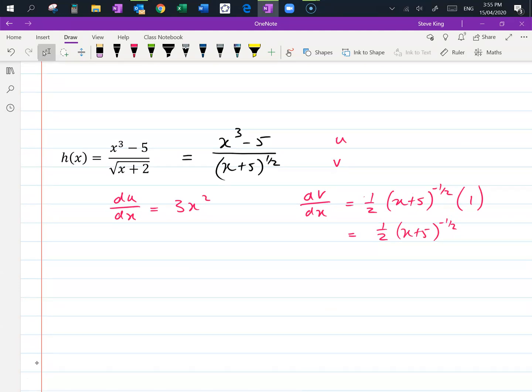Okay, so now we need to go back and use the formula just to remind ourselves again. Dy dx is going to be v times du dx minus u times dv dx all over v squared.